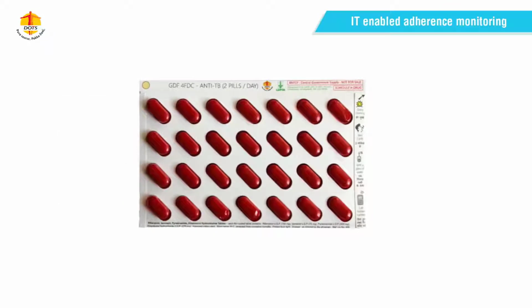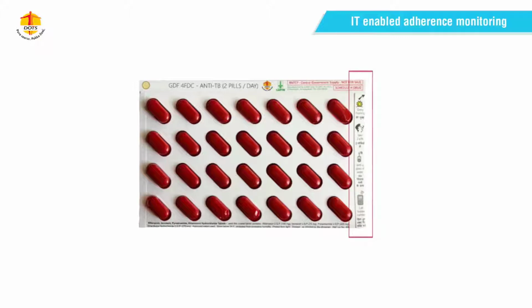So this is the front side of how a sleeved FDC looks like, and you would see that there are also specific instructions both in Hindi as well as in English on when to take the medications, how many pills to be taken by the patient. It also reminds the patient on calling up a hidden number, give a missed call on the hidden number, so that there is no cost involved.